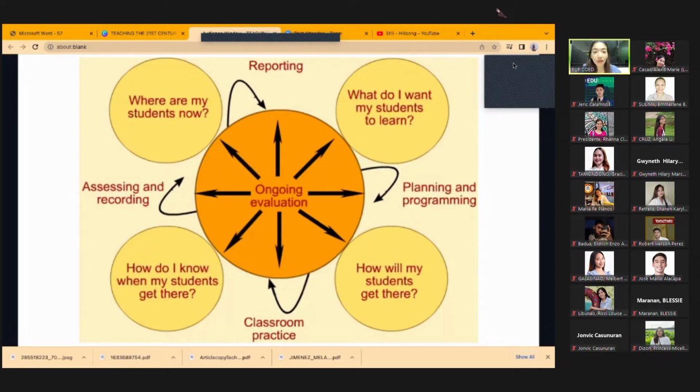Okay, sorry. Before pala nung what do I want my students to learn, you start with where are my students now? So this is where we start. So in every lesson, always ask yourself, where are my students now in terms of this skill? If it's writing skill, reading skills, or speaking skills.